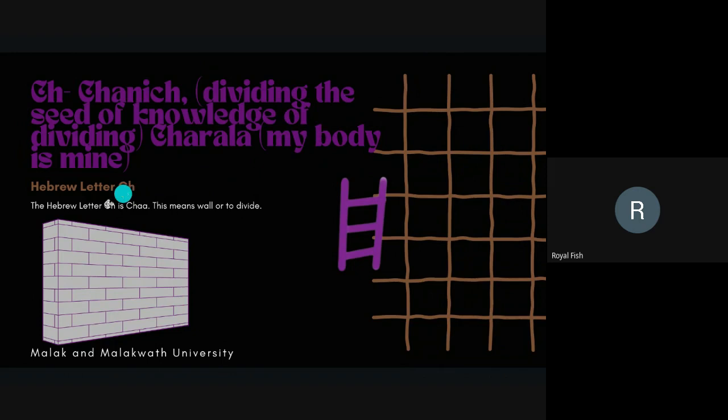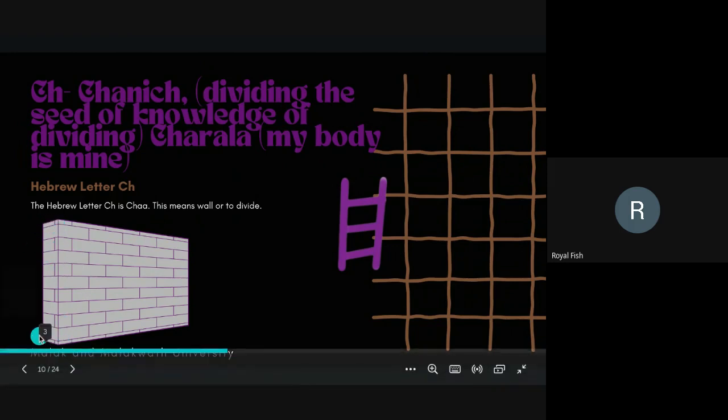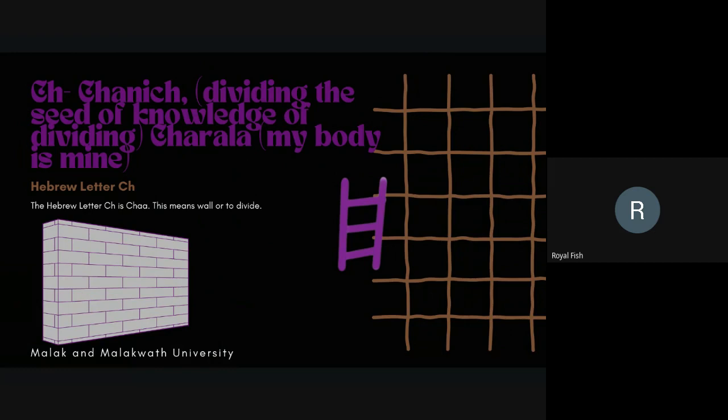So the Hebrew letter Ka is Ta, and this means wall or to divide. I actually like it as dividing, like dividing the word, or a wall, like to keep something in. Not so much to keep something out, but it can be seen like that too. If you wear a crown of wisdom, which is your hedge in the garden, then you're keeping something out.